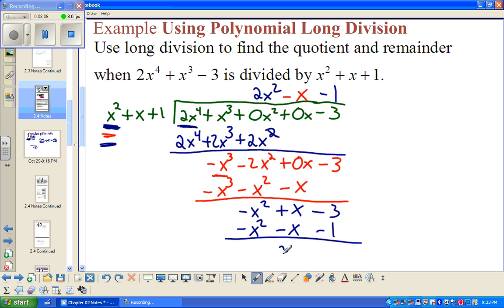Subtract a negative, I get 2x. Subtract 1, I get minus 2. What does that tell me?